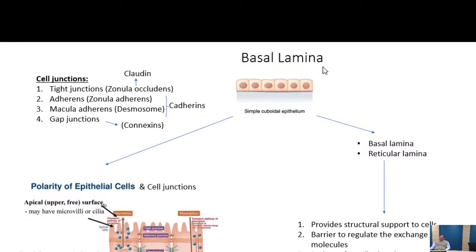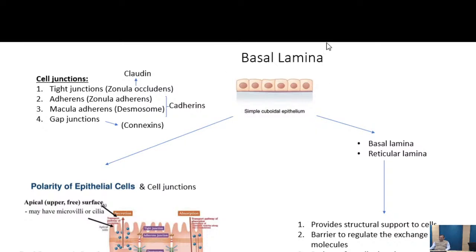Another term often used synonymously with basal lamina is basement membrane. You can see the basement membrane or basal lamina on which the cells are resting, and the cells are bound to it by means of hemidesmosomes.